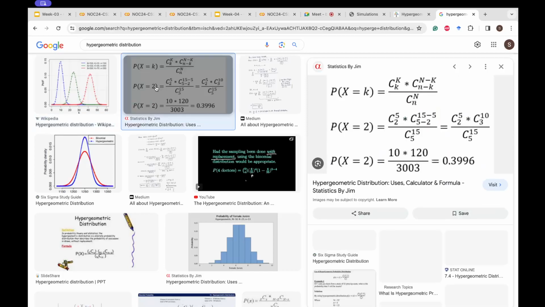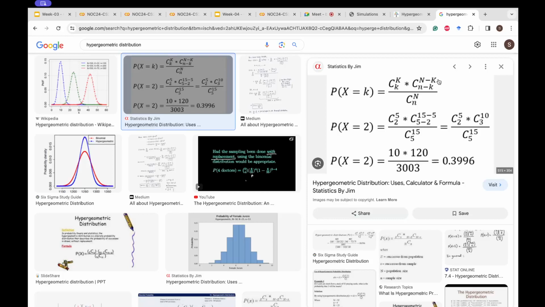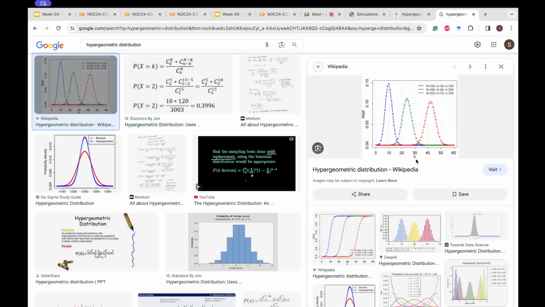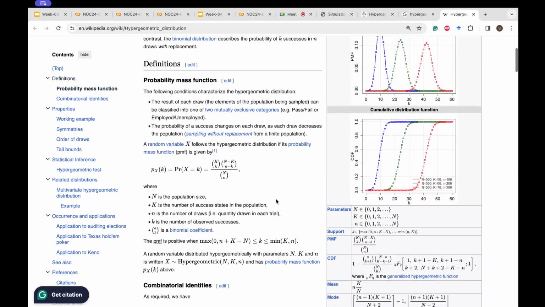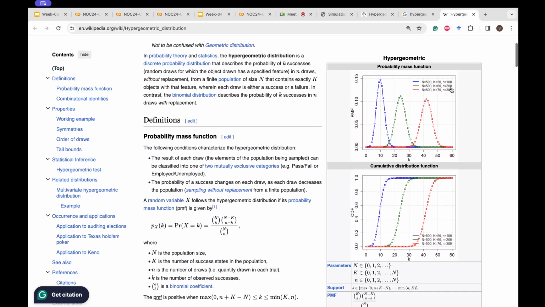The formula was K C k into N minus K C n minus k, divided by N C n, and the random variable x is taking the value of k over here. That determines the shape of this distribution.